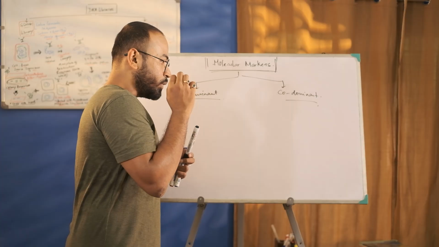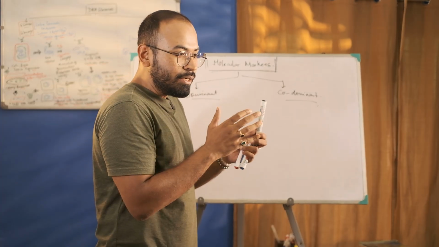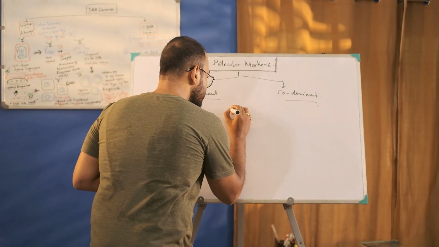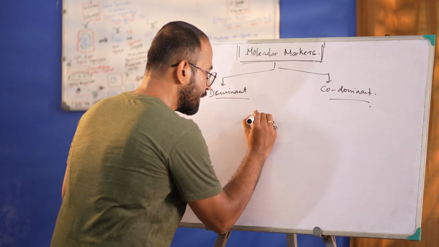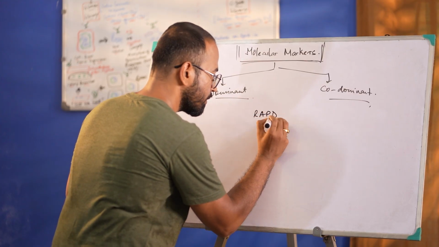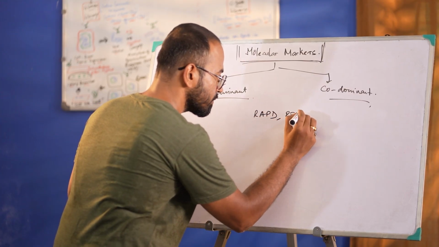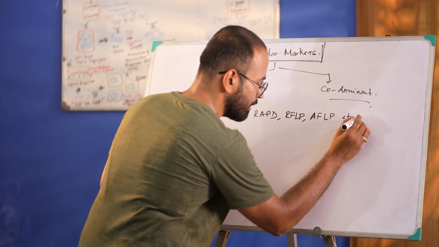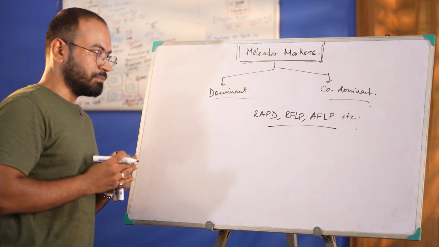Now, we have to understand molecular markers. They are like our typical RAPD, RFLP, AFLP, etc. There are multiple molecular markers.